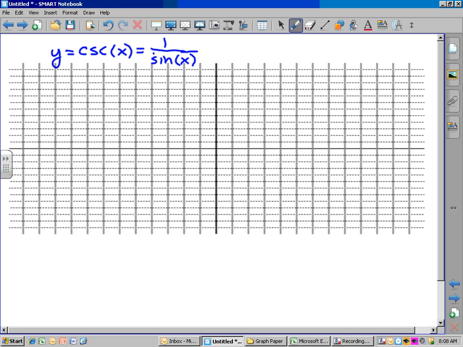So in order to figure out where cosecant is, we have to draw or know the sine graph. So I'm going to change increments up just a little bit here. Still need to go to 1. I need to go a little bit further.